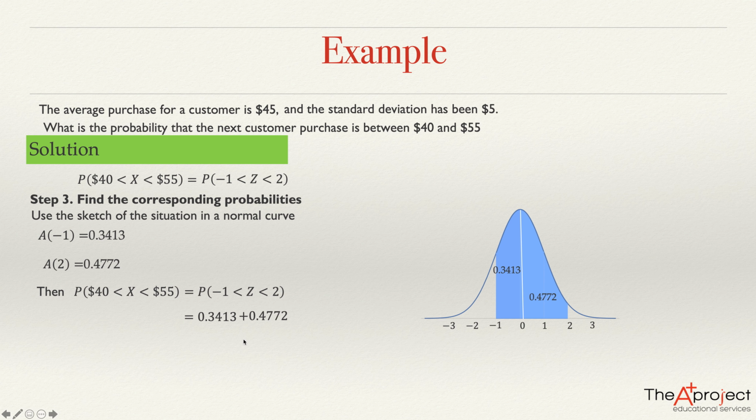Use your calculator, and the value is 0.8185. That concludes my introduction to the normal distribution.